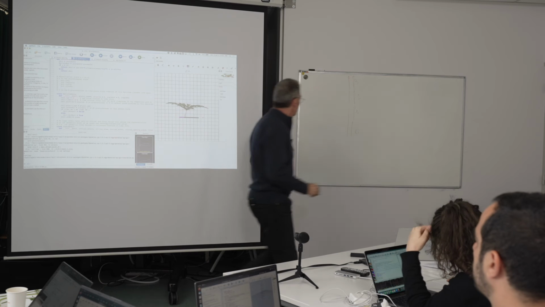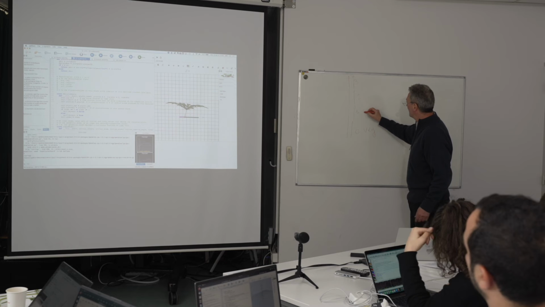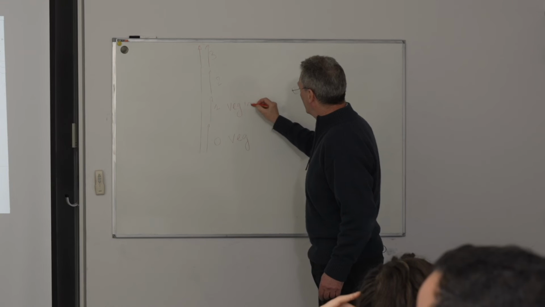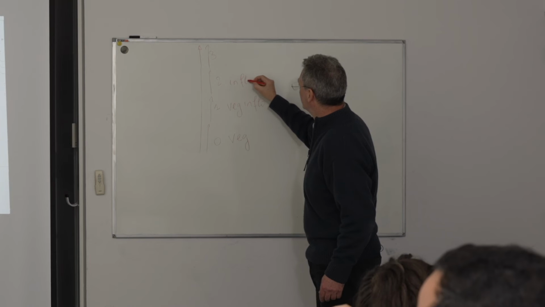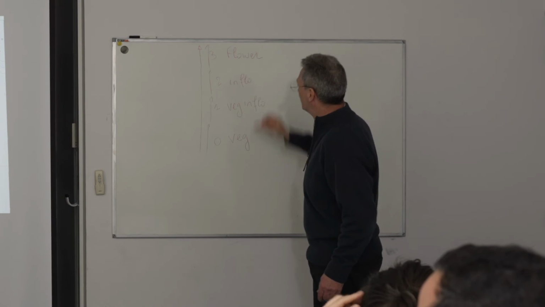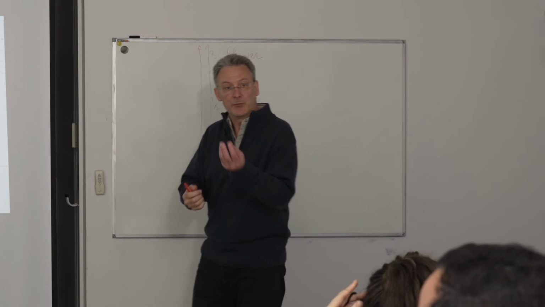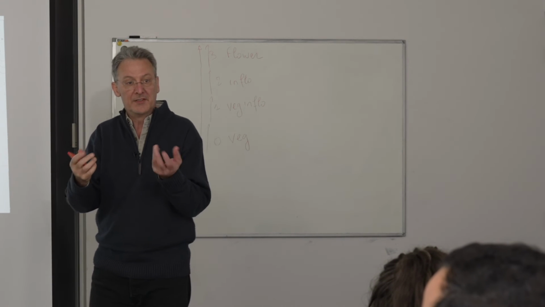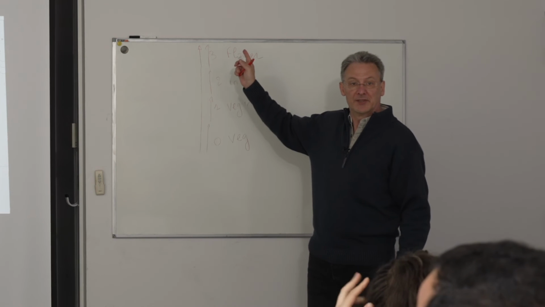So here, this is vegetative meristem. Here, this is mixed. Here, this is inflorescent. And here, this is flower. Okay, and you see that it's extremely important because the meristem will produce things differently according to its progression along this axis.